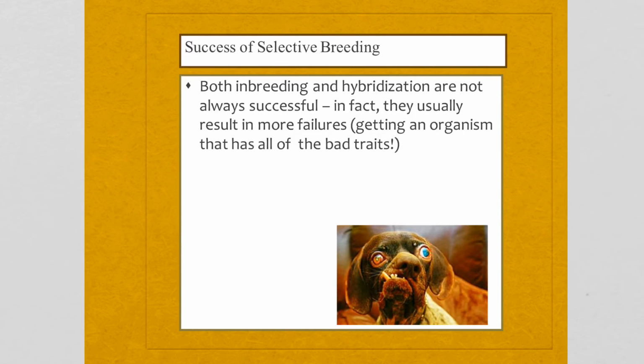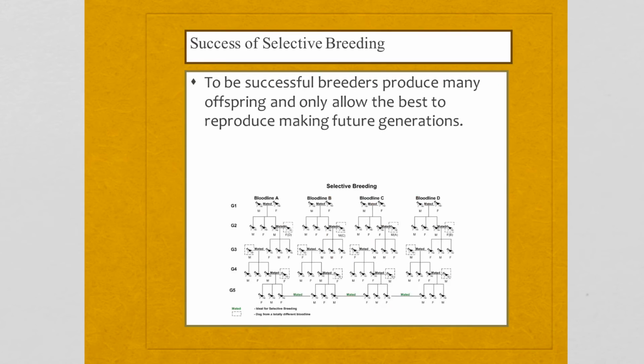When you stop having that variation in a population, it's more likely that you'll get genetic defects in your organism. And you can see this poor dog here has plenty of genetic defects, and that's a result of too much inbreeding. So to do this correctly, breeders have to be very smart about it.